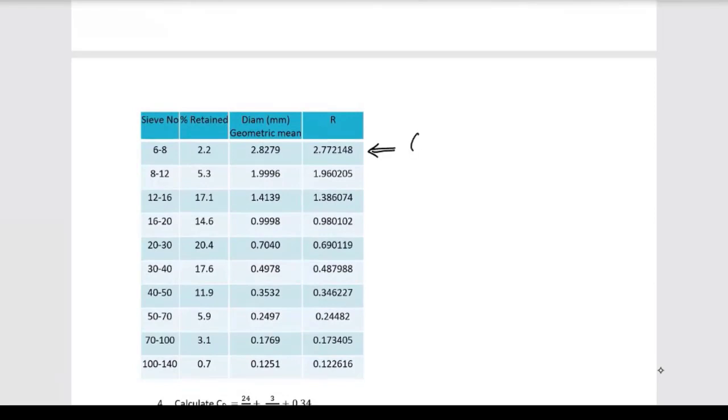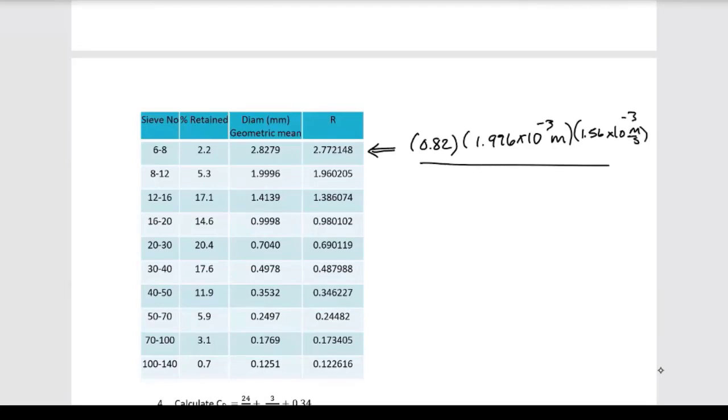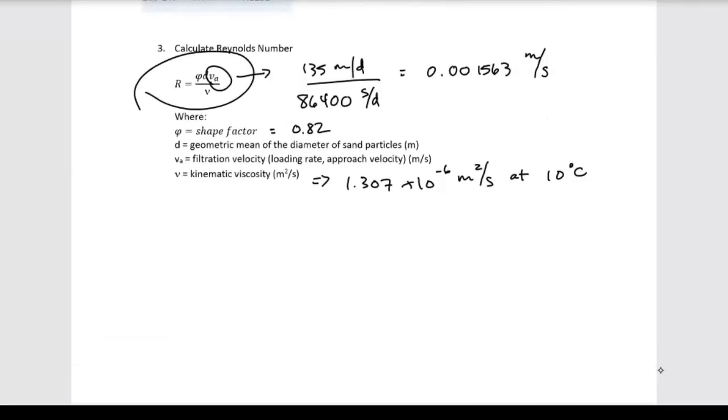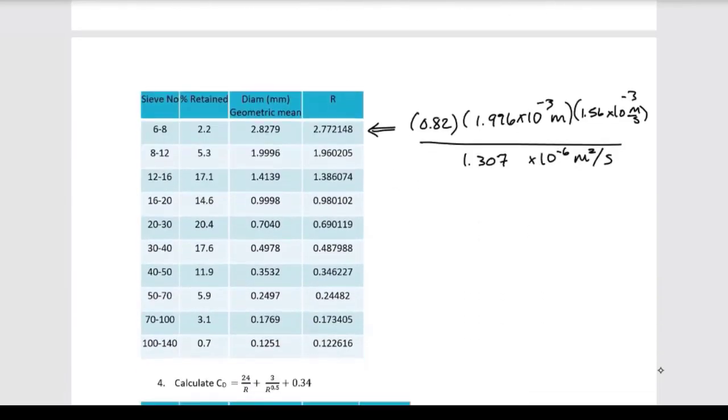To get this value, it's 0.82 times 1.996 times 10 to the minus 3 meters times 1.56 times 10 to the minus 3 meters per second divided by the viscosity. We'll go over this on Friday. So it's all included in this value here, because I'm substituting in this whole equation. Does that make sense? Yeah, thank you. No problem.